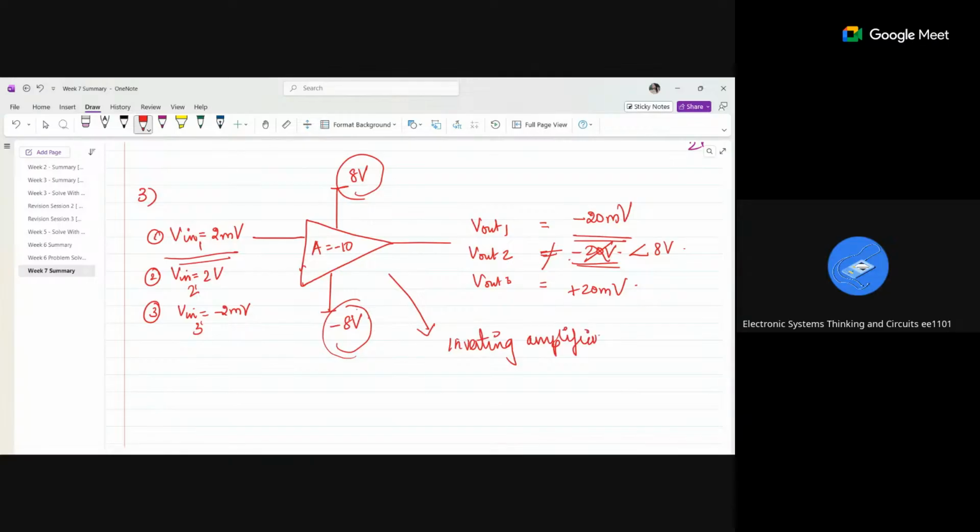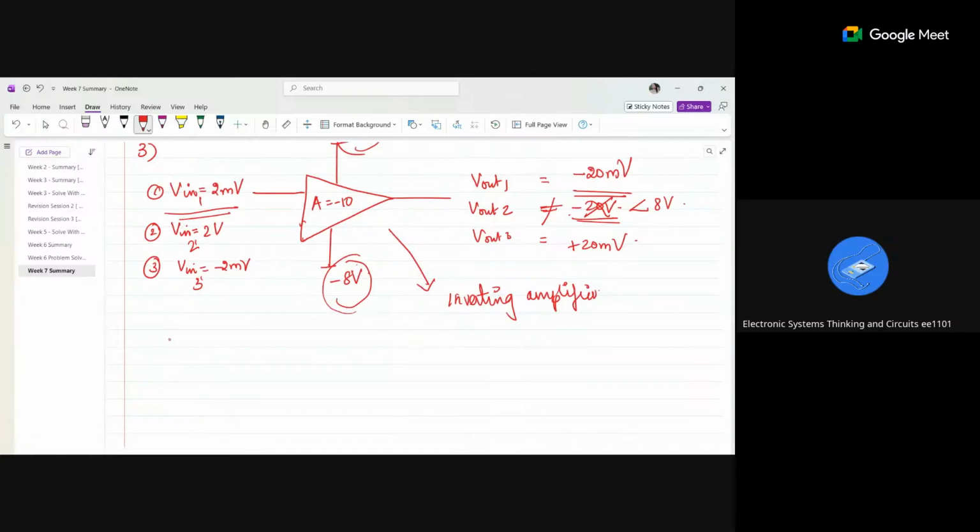Did you guys have any doubt in any of the questions which we saw today? Ma'am, this question is from week 5 or 6. Week 6, amplifiers. So basically there are two types of amplifier: inverting amplifier and non-inverting amplifier.